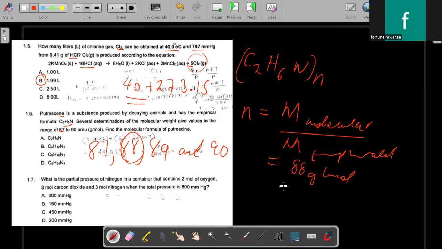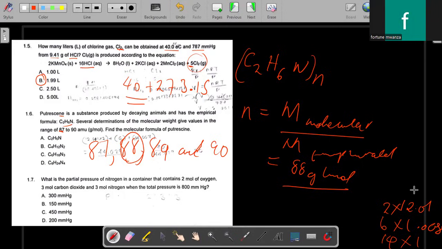Then I get the molar mass for the empirical formula. So you get 2 times 12.01. By now, we should be able to come up with a molar mass for anything. Here, hydrogen, I have 6 hydrogens times 1.008. Then nitrogen, I get 14 times 1.